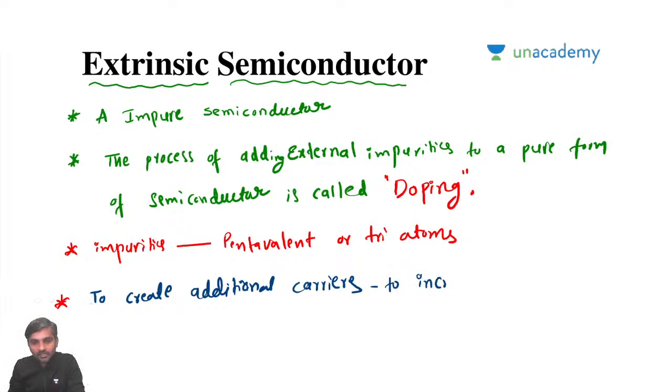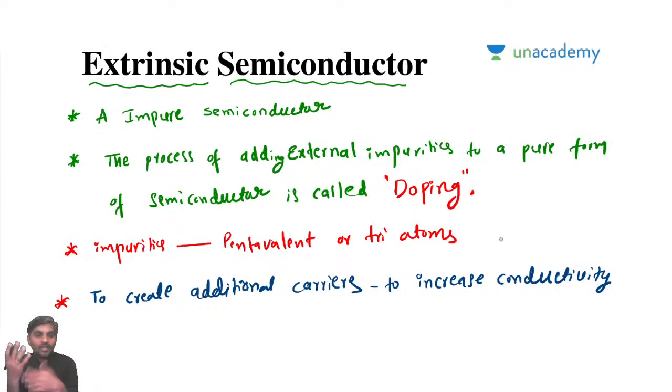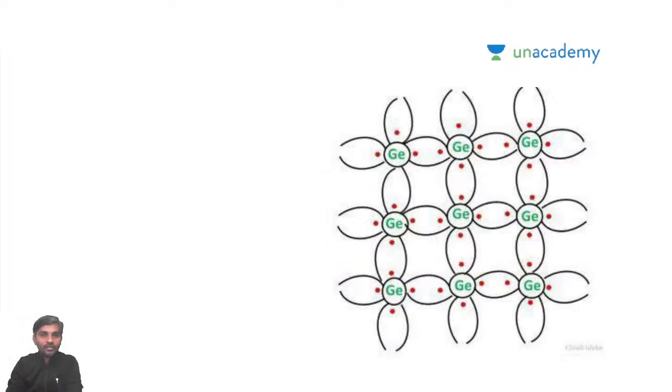To increase conductivity, we add external impurities, called either pentavalent or trivalent impurities.